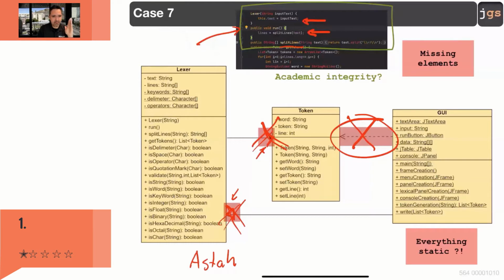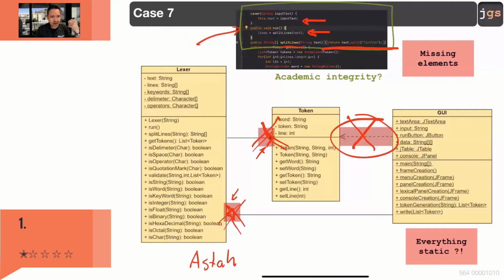I added this to the slides because you're going to notice that I have several cases, several teams that randomly decide to have these methods with only one line, which is an error, by the way. You do not want to have methods with only one line, right?